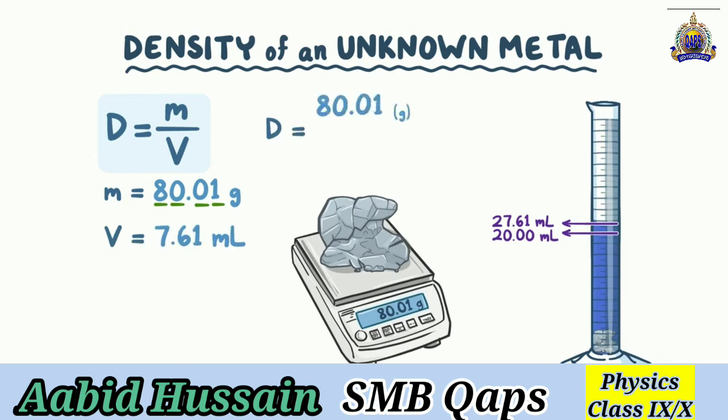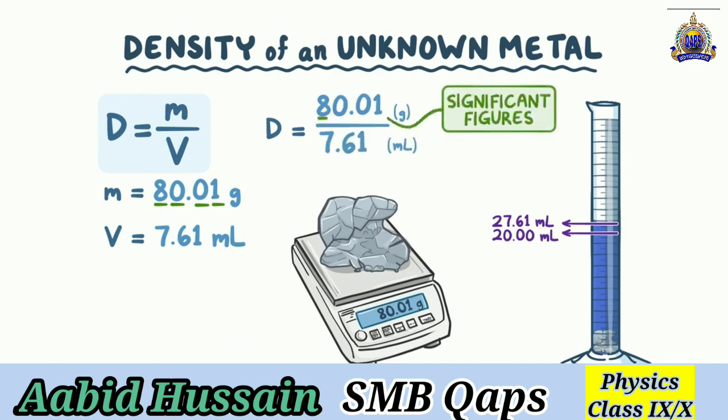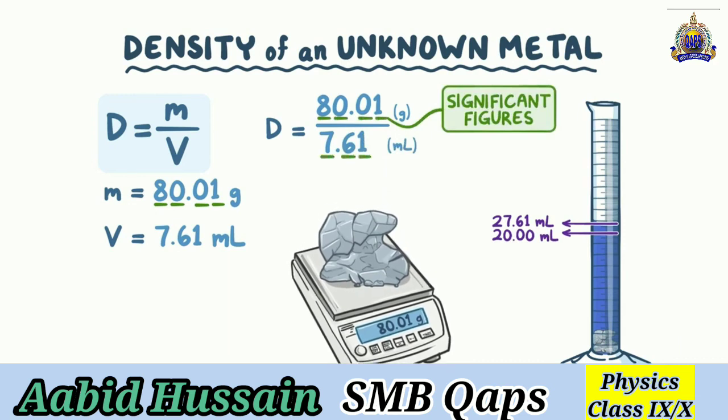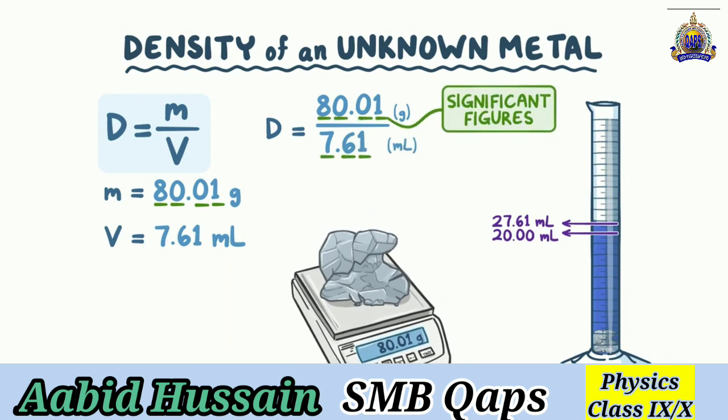Now how can we calculate? First of all, put the value of mass, then put the value of volume, then divide these both. As we have 4 significant figures in the numerator and 3 significant figures in the denominator, when we divide we will get the answer in accurate values because we have significant figures in both the mass and the volume.